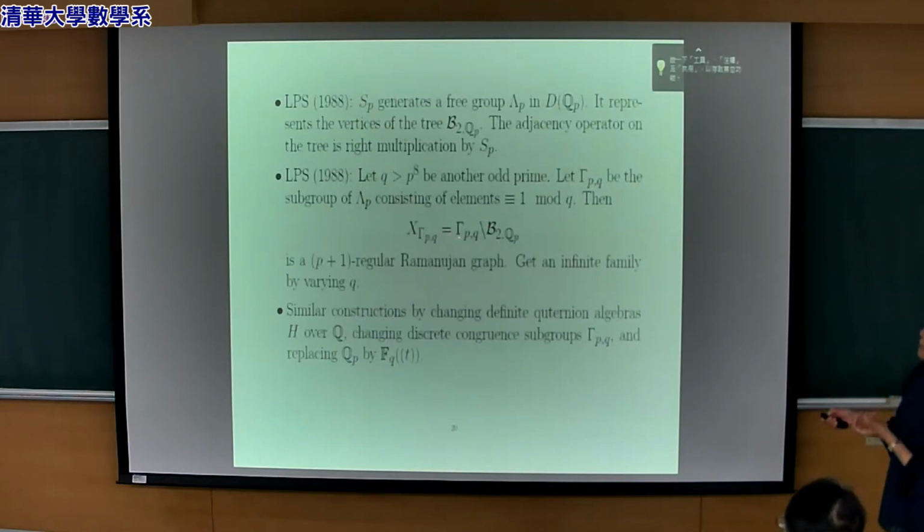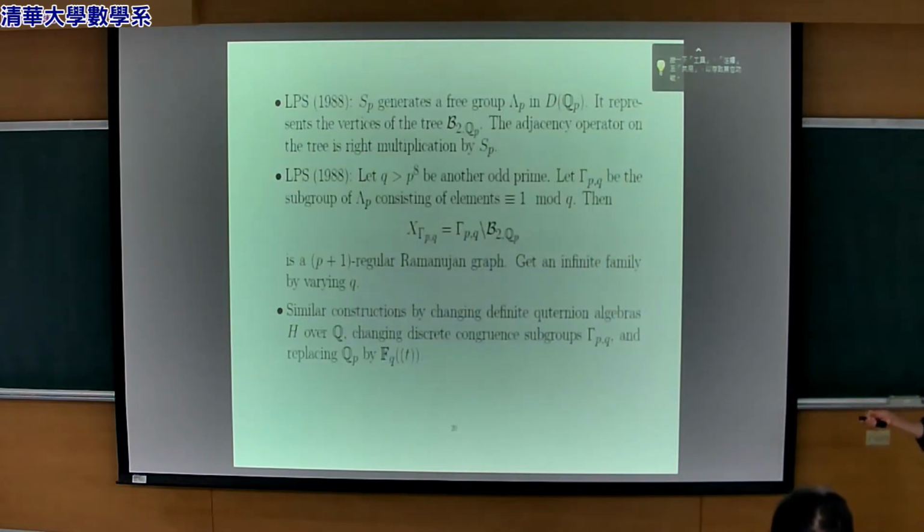And this congruence subgroup has finite index in Lambda_p. So when you take the tree modded out by this congruence subgroup, you get a finite (p+1)-regular graph. And this graph is Ramanujan. So you can vary this second prime q. So you have infinitely many congruence subgroups you can mod out, and you get an infinite family of Ramanujan graphs.